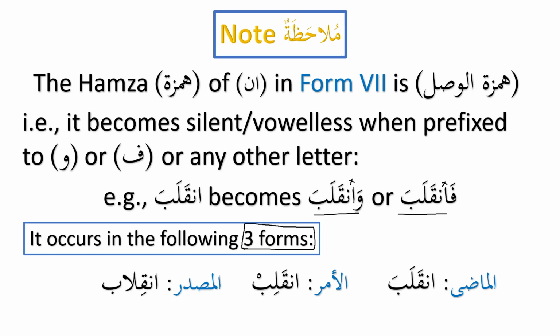So whenever we say that the hamza is hamzatul wasl in forms 7, 8, 9, and 10, that means it will be hamzatul wasl in the past tense, in fi'l al-amr, and in the masdar. For example, with waw it becomes wanqilab, and these we have discussed here as well.